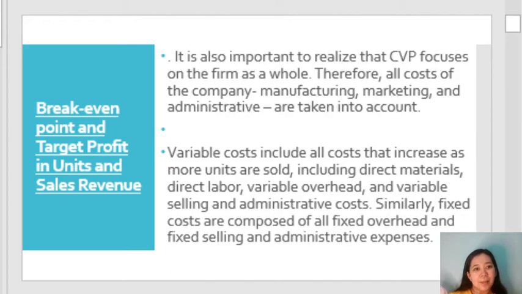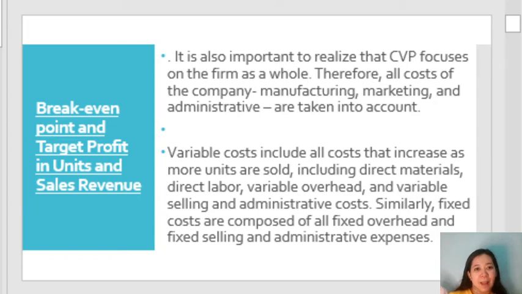Okay, so it is also important to realize that CVP analysis focuses on the firm as a whole. So therefore, all the costs of the company, not only manufacturing costs, but also marketing and administrative costs will be taken into consideration.